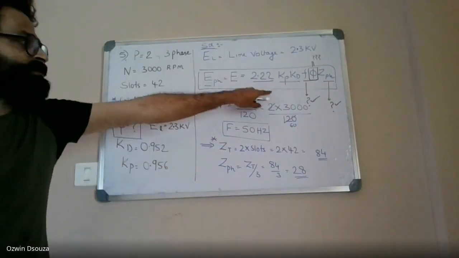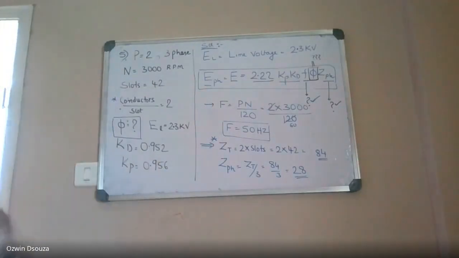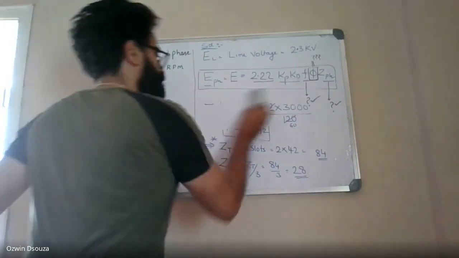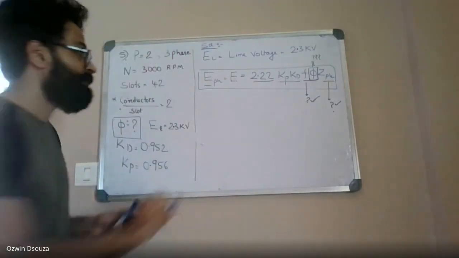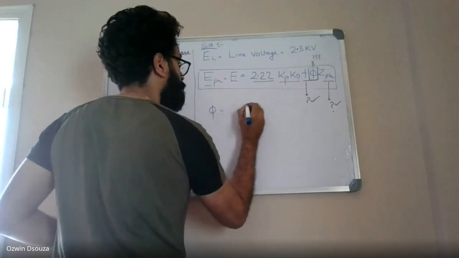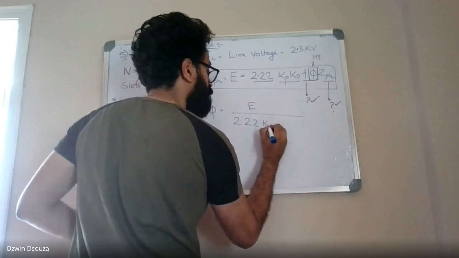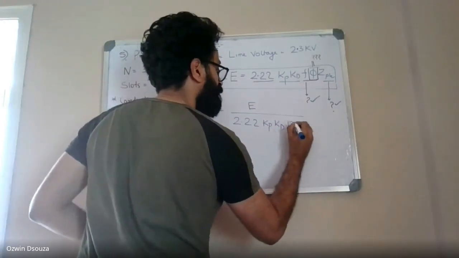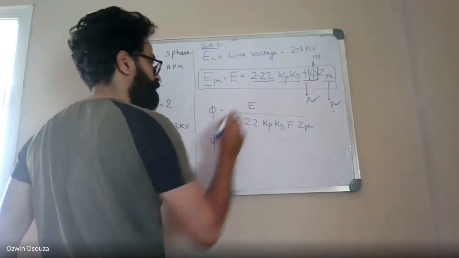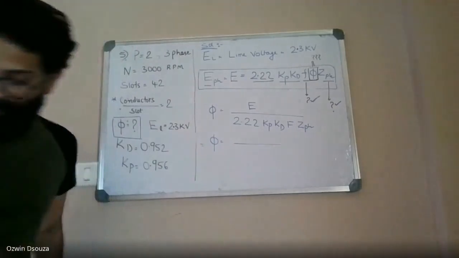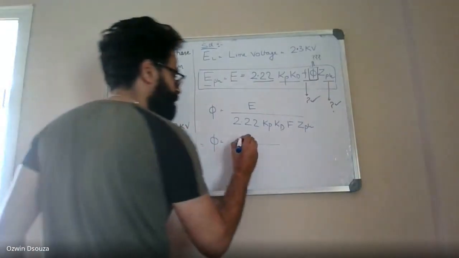Now you can rearrange the EMF equation to get the value of phi. So what do you get when you rearrange the equation? You can write phi is equal to E divided by 2.22 Kp Kd f into Z phase. How much did we get E as? 1.327, right?